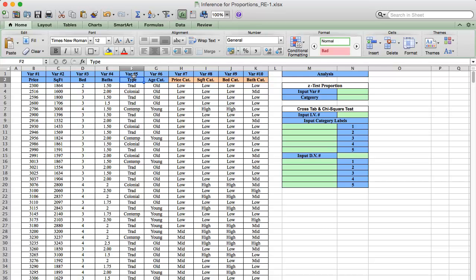However, we still only have one single variable, so this is a one sample test, but it's a one sample z-test for proportion. So variable number 5, our type, and we're specifically looking at that contemporary, abbreviated contemp, category.